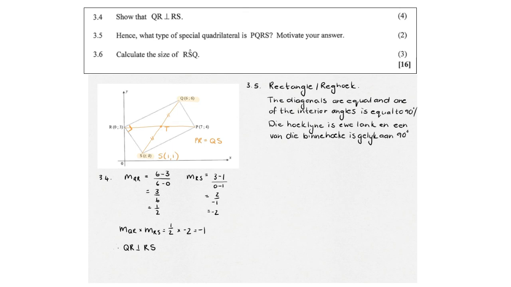Question 3.6. Calculate the size of angle RSQ. Angle RSQ is over here, and this angle is part of triangle QRS. This triangle is a right angle triangle, and if we need to determine the size of an angle, it means that we have to make use of sine, cos, or tan. So let's see what we have in this triangle.